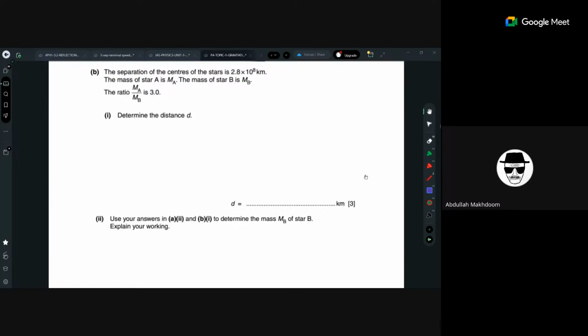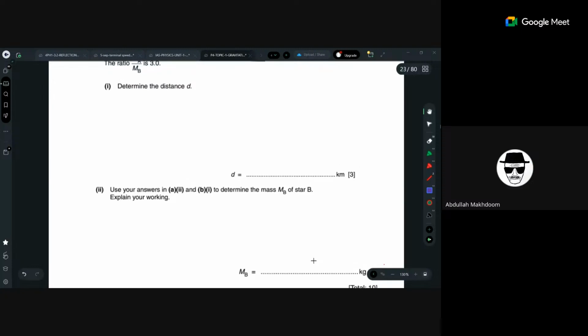Yeah. So I got the separation to the center is 2.8. What did you get? 7 times 10 power 7 meters or 7 times 10 power 7 kilometers. Yes, well done. Very good. Next.